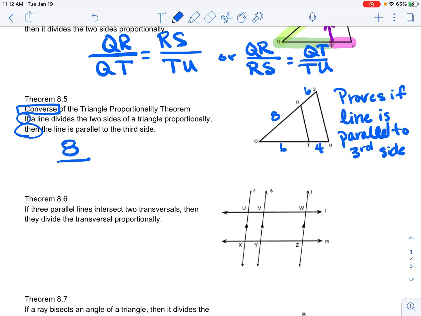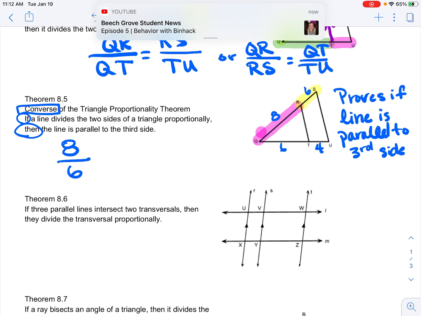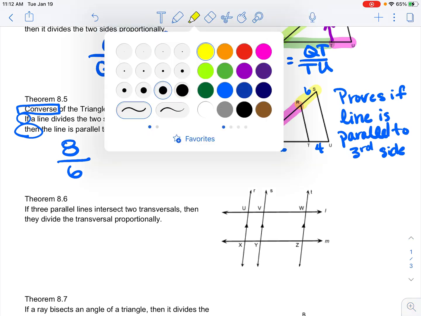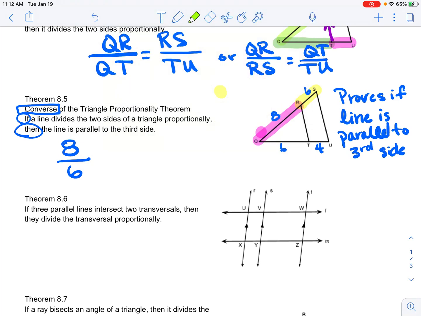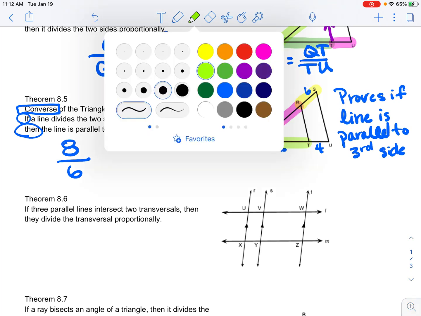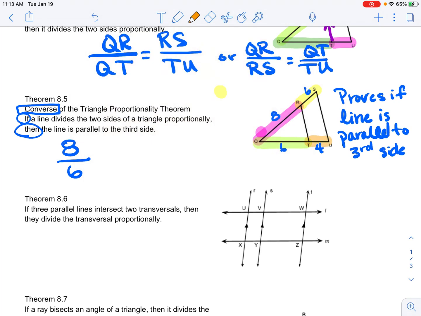Okay, so we have 8 over 6, specifically this 8 over this 6, and then this 6 over this 4.